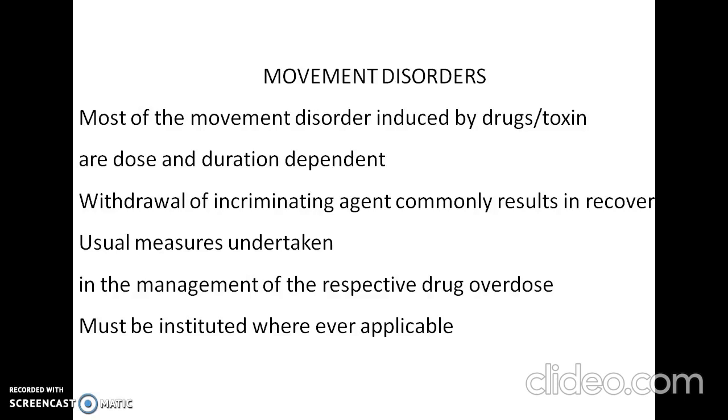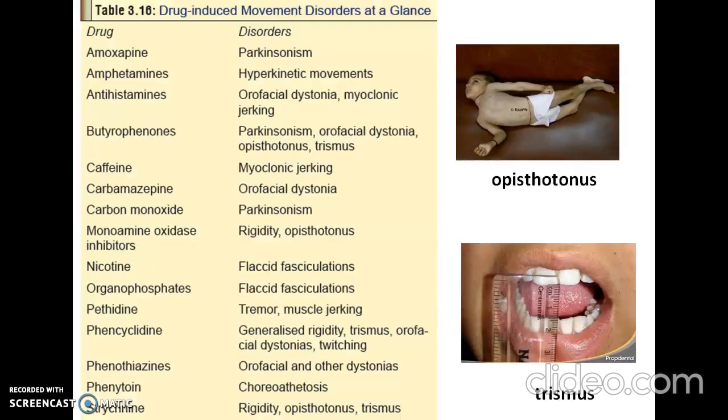The management of the respective overdose must be instituted wherever applicable by giving some drug or either by withdrawing the drug. So here is a glance of drug-induced movement disorders.